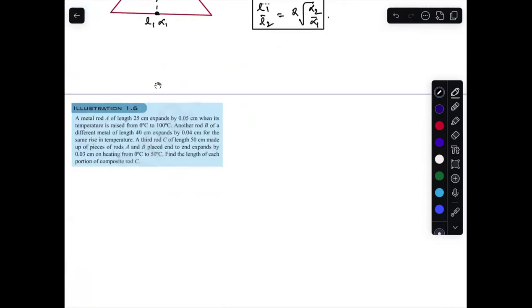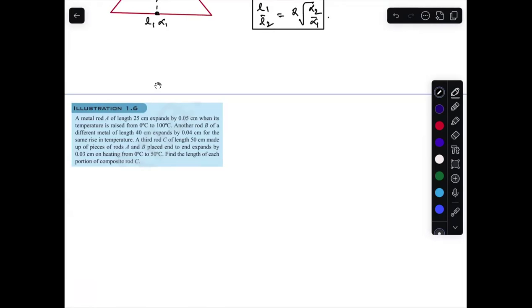A metal rod A of length 25 centimeters expands by 0.05 centimeter when its temperature is raised from 0 to 100. You have another rod B of different metal whose length 40 centimeters expands by 0.04 centimeter for the same rise in temperature.